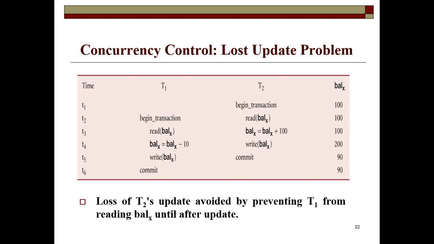And when T2 is reading, he reads the 100, and when he adds the 100 and writes, it will be 200. So when you commit like this, you'll see that it is 90 here, and at the time of T6 it is 90.